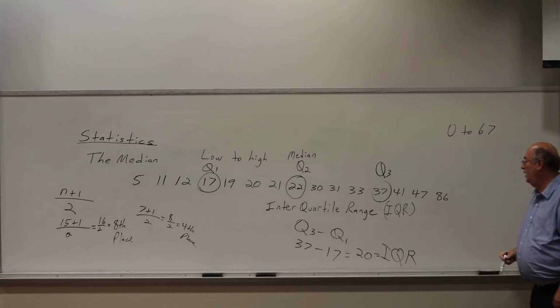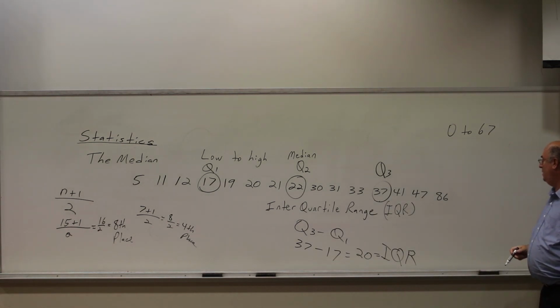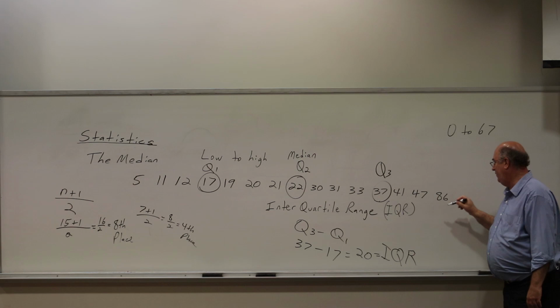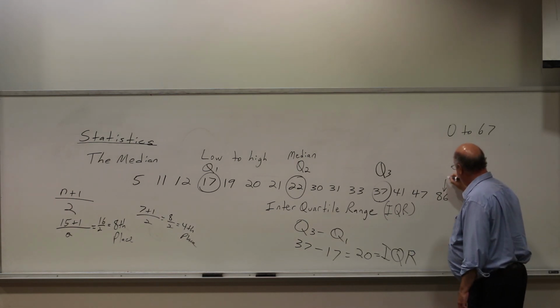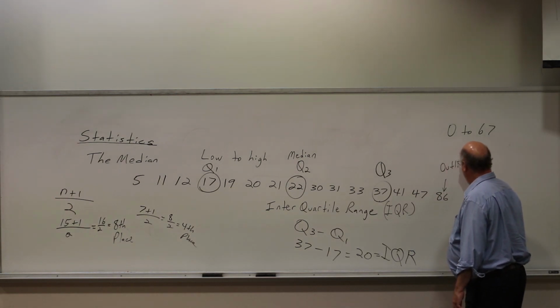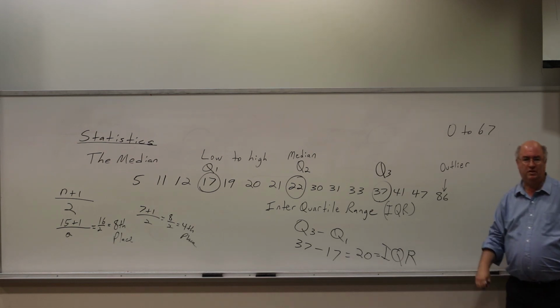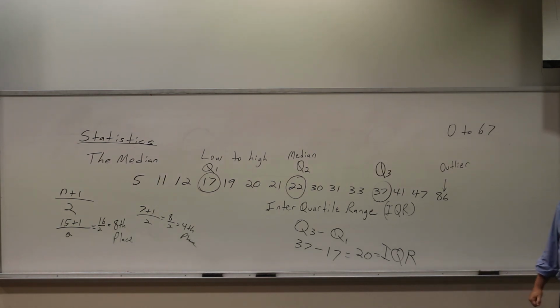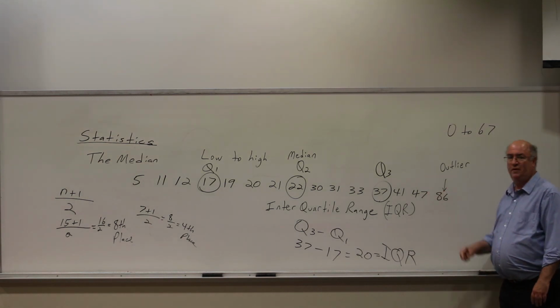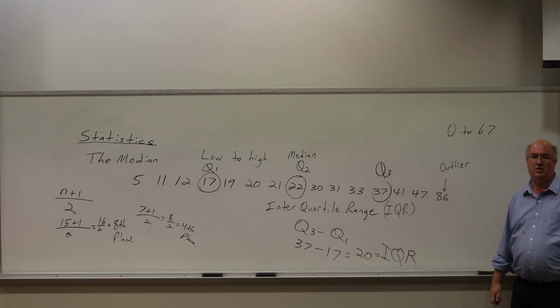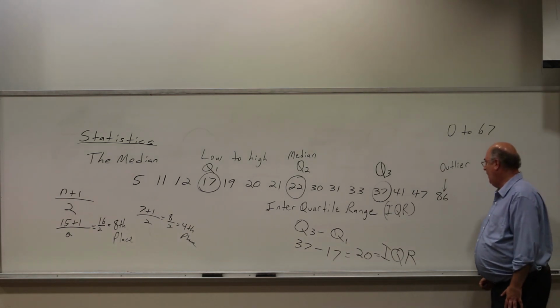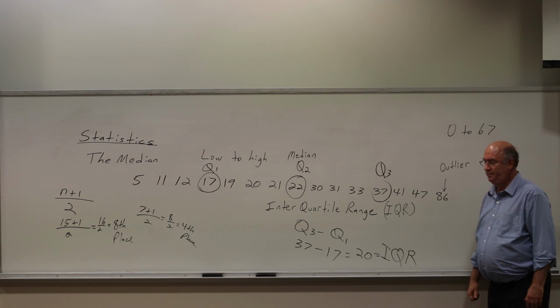On the upper end, we have 86. So it's greater than 67, of course. If we had 68, that would be greater also, and that would also be an outlier. So in our case, with our 15 numbers, we have 86 as our outlier. And that's how we find our outlier.